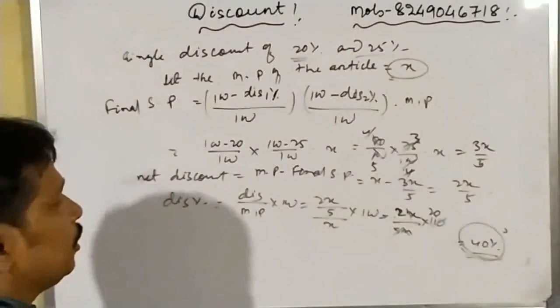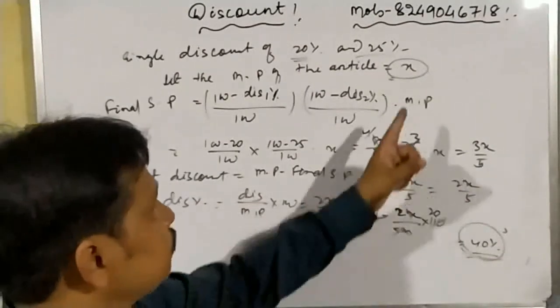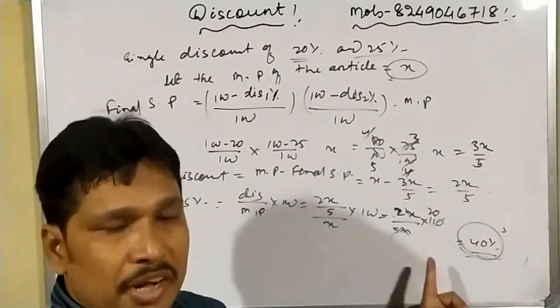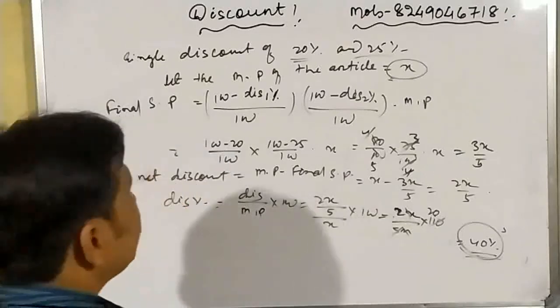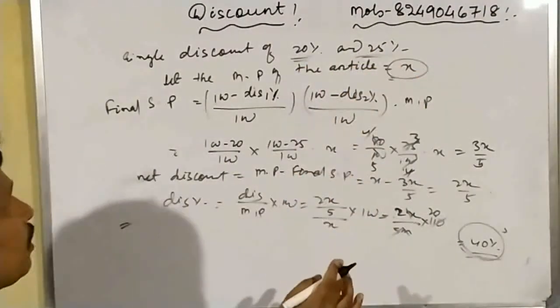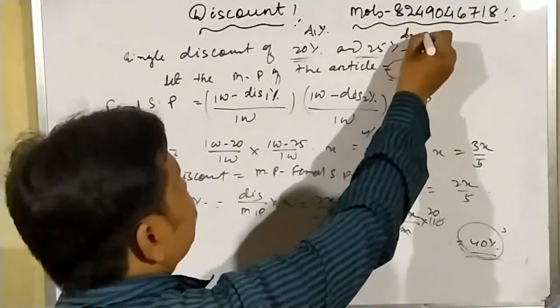Okay student. Now there is another formula to find the net discount percentage. Here we have two discounts. Suppose this is D1 percentage and this is D2 percentage.